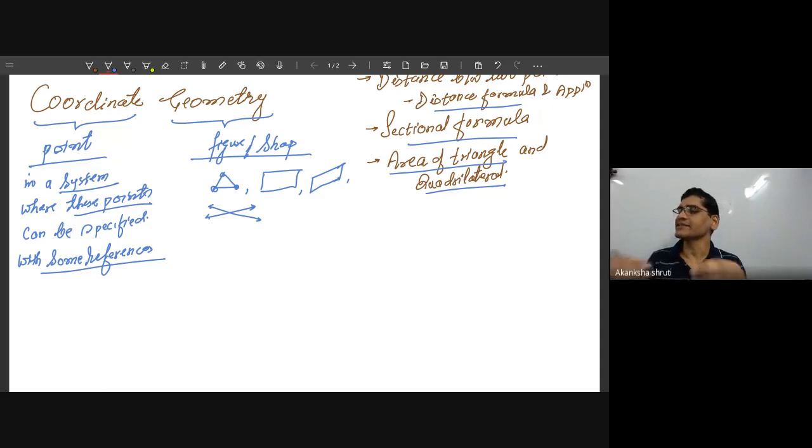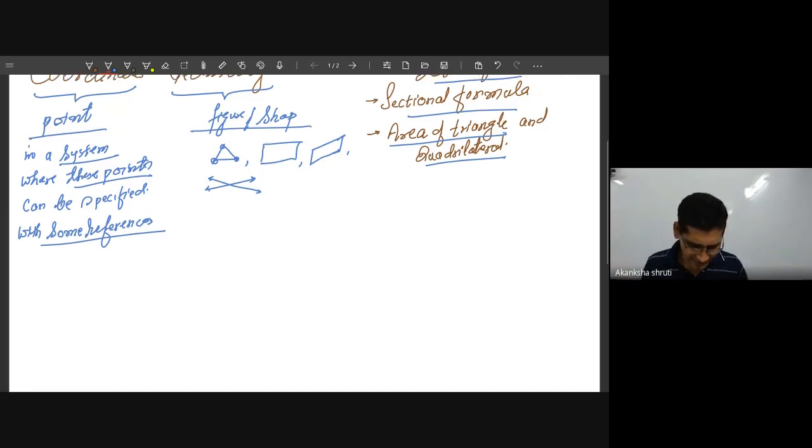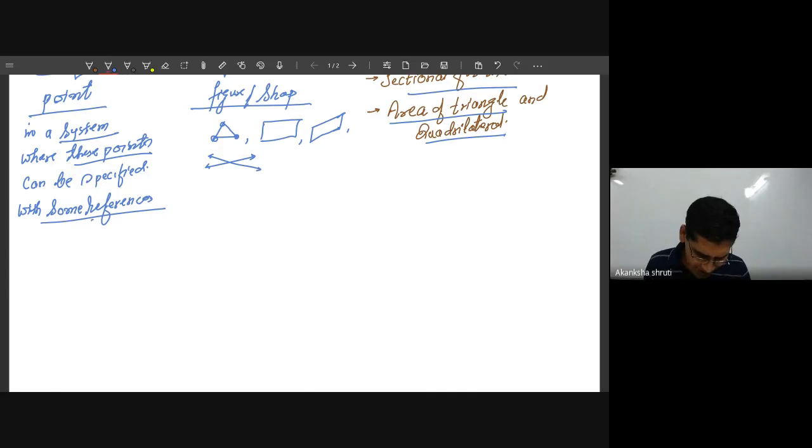The analysis that we can do in geometry, the similar kind of analysis we can do, but not by using our ruler, protractor or compass, but just by knowing certain points of that figure, we can analyze everything. So what is that? Some references. These references are mostly two straight lines which are mutually perpendicular to each other.